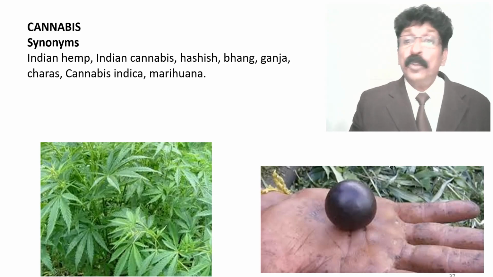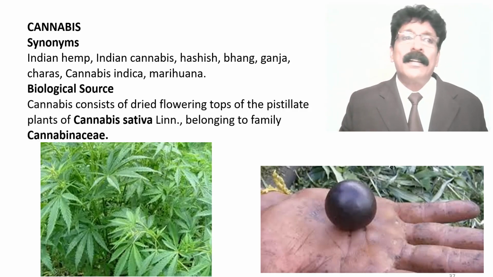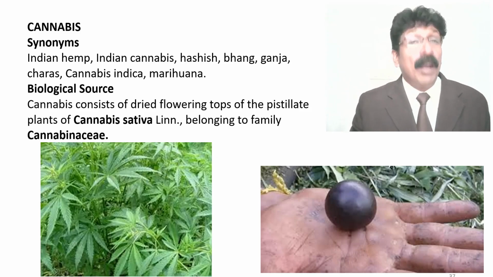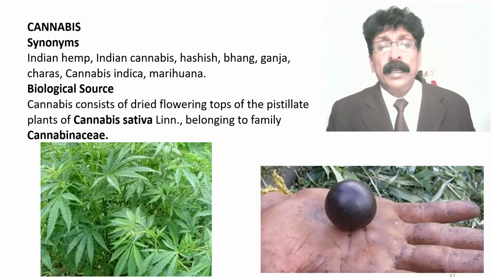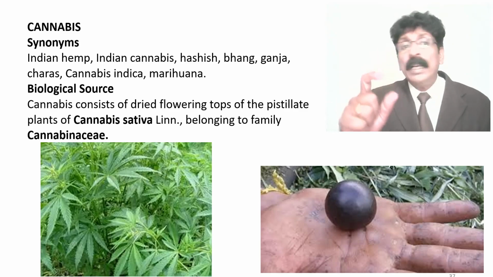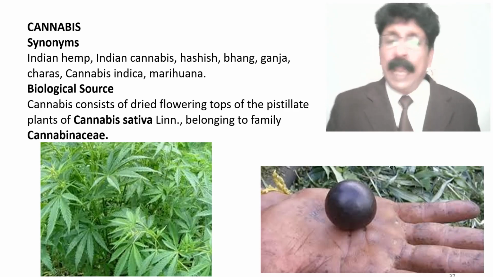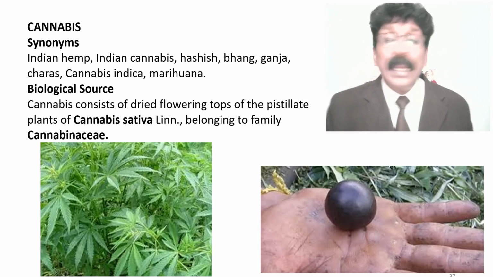You see, this is the marijuana plant. And you can see the biological source: Cannabis consists of the dried flowering tops of the pistillate plants of Cannabis sativa Linn., belonging to the family Cannabinaceae.